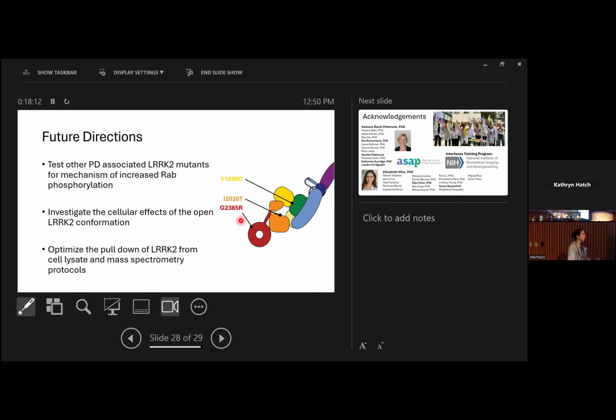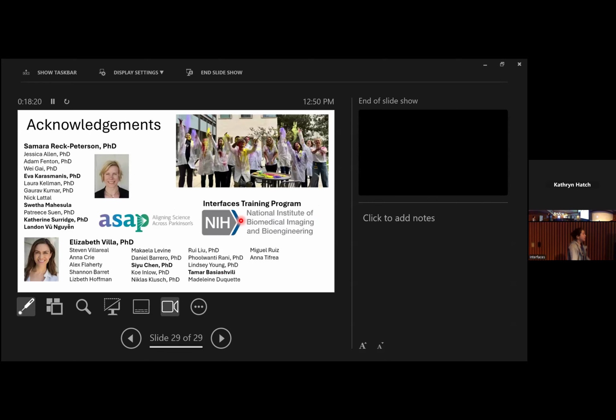So, does it change where LRRK2 is localized in the cell, or what substrates it prefers, and those sorts of things. So I also have a lot of microscopy in my future. And that's really it for me, you guys. Again, I want to thank Sam and Elizabeth. It's been a really fun project that I've really enjoyed so far.